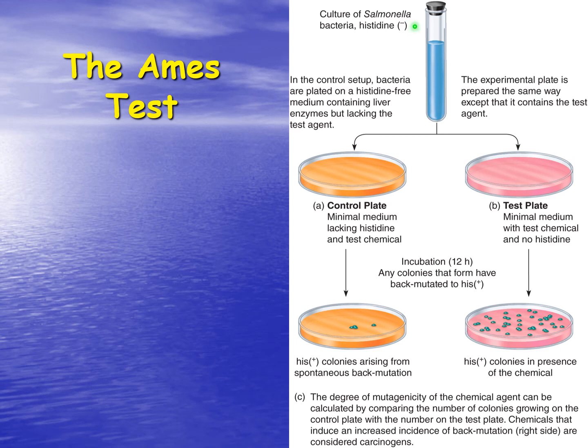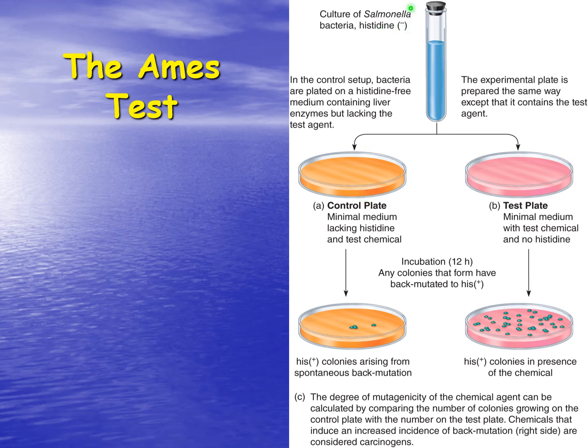So histidine has to be added into the environment in an enriched media in order for the histidine negative salmonella to grow. In the control setup, bacteria are plated on a histidine-free medium containing liver enzymes but lacking the test agent. Because there is no histidine in this plate, we would expect none or very few colonies to grow.